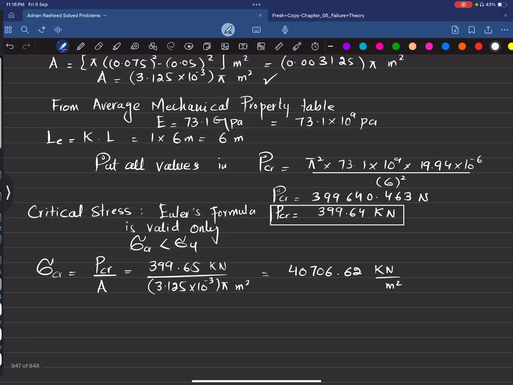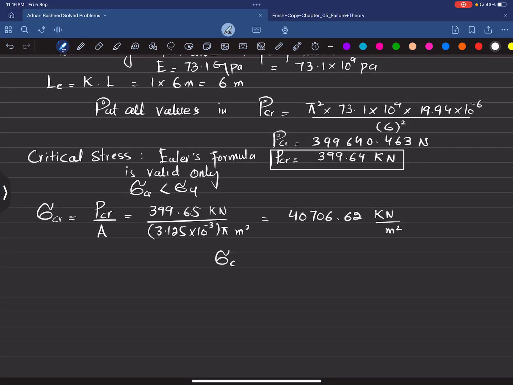Okay, now we know that critical stress is 4706.62 kilonewton per square meter, which is kilopascal.